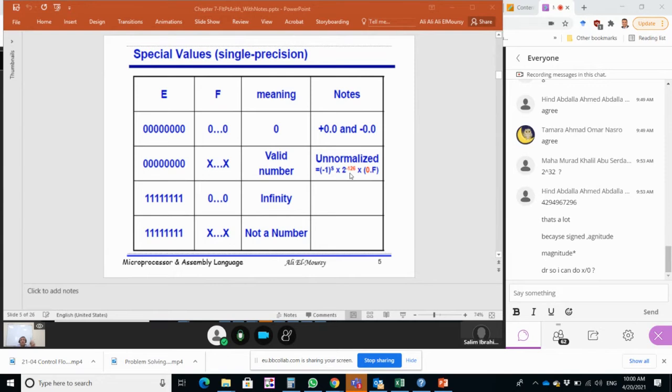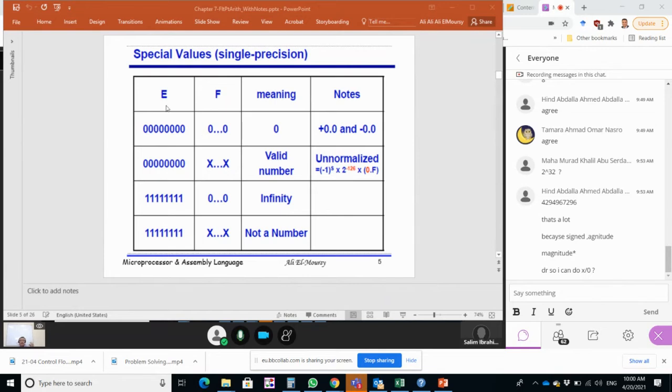Unnormalized means we are not following the rule of excluding the most significant one and putting the decimal point at the most significant position. We will discuss the unnormalized numbers inshallah during this lecture. To cut the long story short, exponent all zeros or exponent all ones are for special cases only.